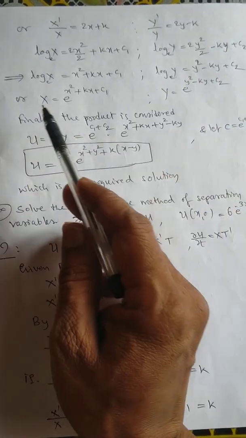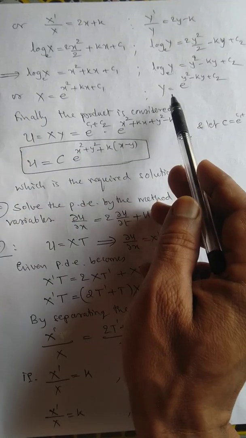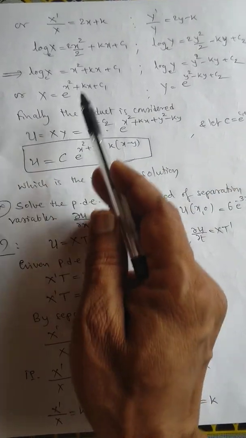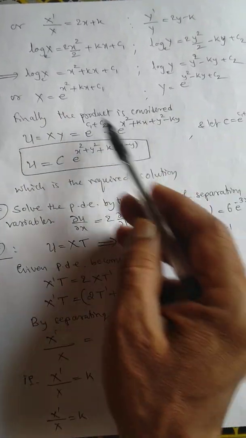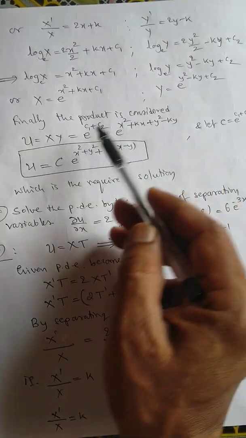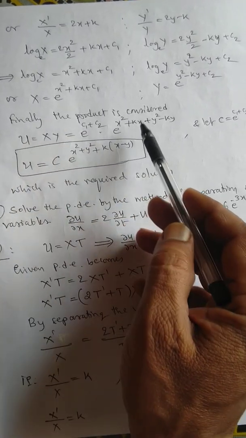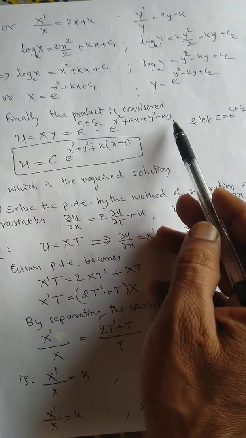Finally we consider their product, that means x into y. So u is equal to x into y. X is this, y is this. From this we have e raised to c1, from this we have e raised to c2. So e raised to c1 plus c2, and the rest is x square plus kx plus y square minus ky.